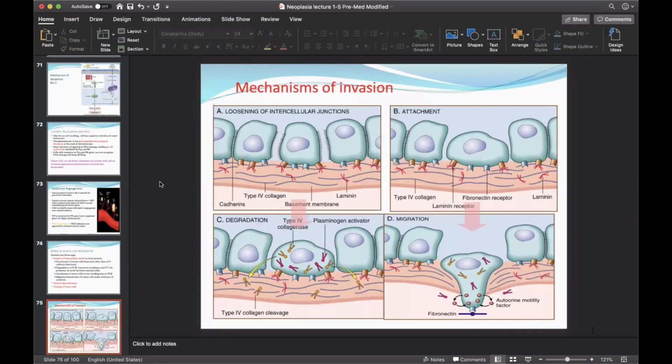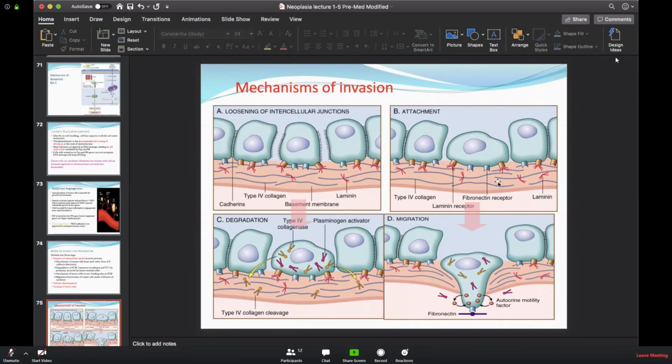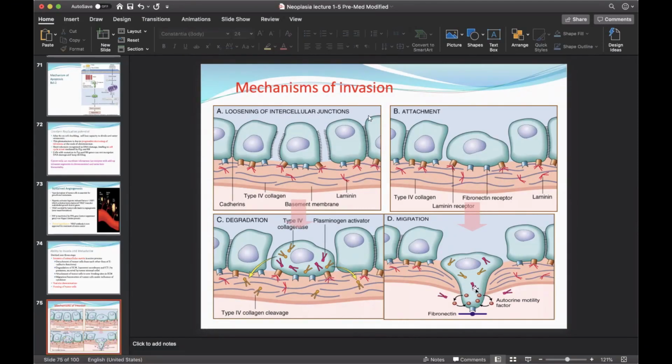Okay, and so this is what happens. There is loosening of intercellular junctions, and then second, the cancer cell attaches to the basement membrane, which starts to degrade, releasing growth factors locally that allow motility of the cancer cell, and it also releases substances that break down type 4 collagen.